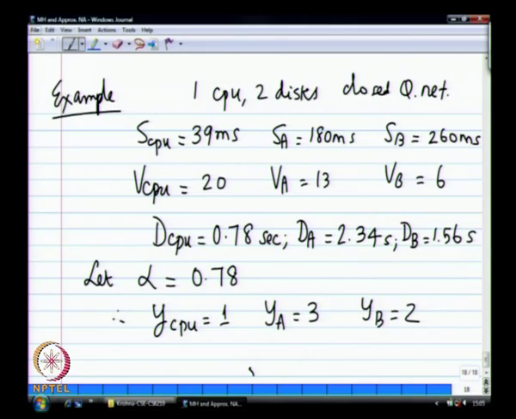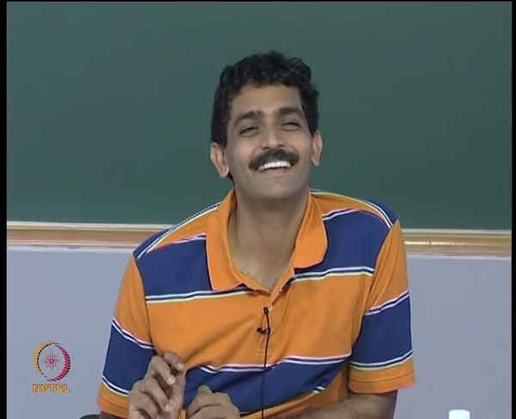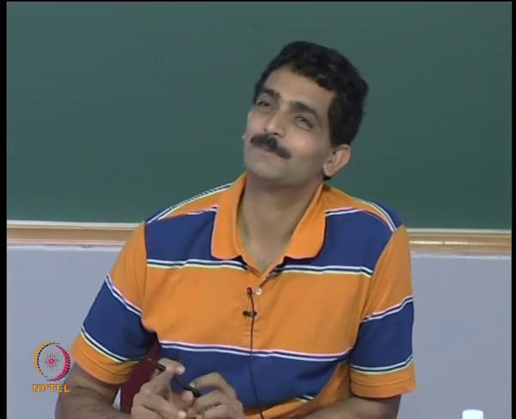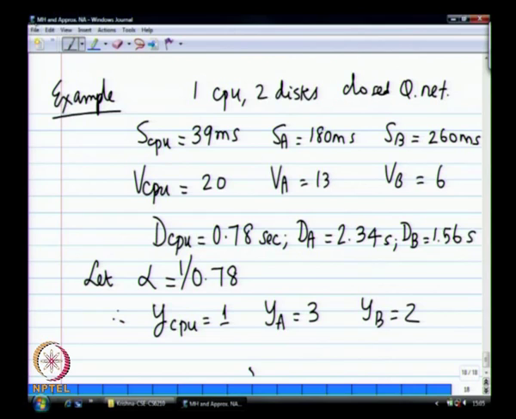No, I am sorry, y_i equals one over 0.78 times d_i, this is what happens. Correct or not?